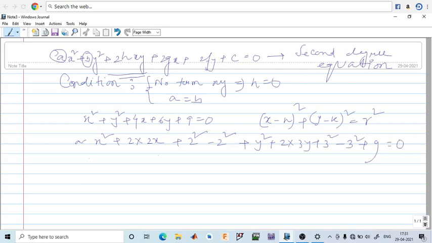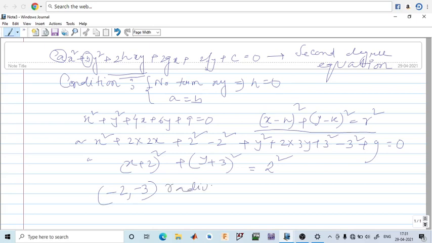So what you get, just check, you are getting like this. From here, if we compare with this equation, we can say that the center is (h, k). So the center will be (-2, -3), and the radius is 2 units.